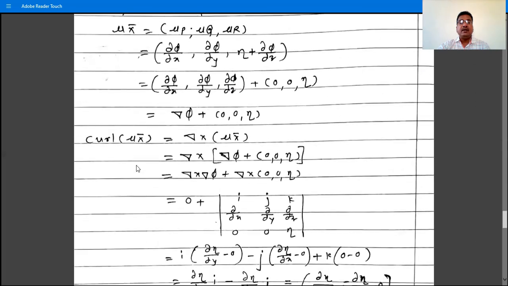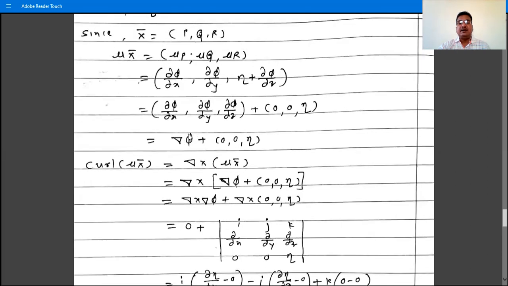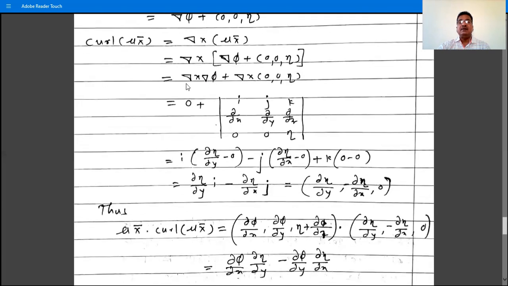And then curl of mu x bar is del cross mu x bar, where mu x bar is del phi plus (0, 0, nu). Distributing this del cross over the bracket, we have del cross del phi, plus del cross (0, 0, nu), and del cross del phi is always 0 for any phi.